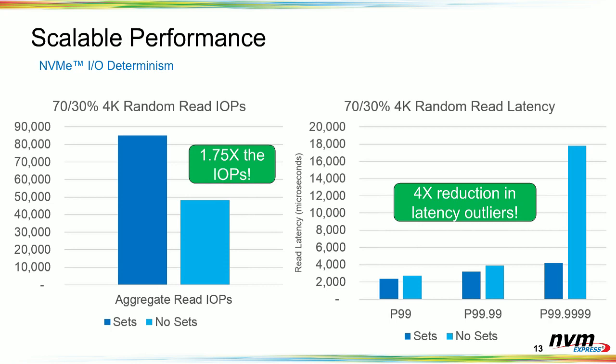And then when you look at the random read latency and the probability of getting these latency outliers, you see a big improvement, especially between sets and no sets when you get to these long tails of latency.